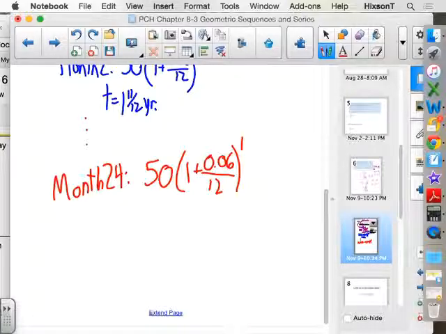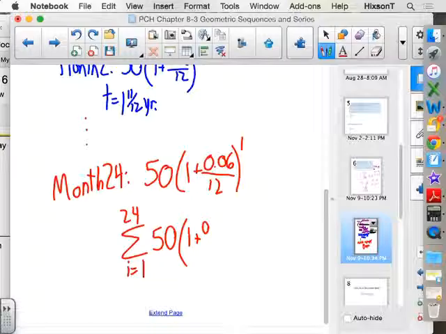So if I were writing this as a series, I could say that I have the sum from i equals 1 to 24 of 50 times 1 plus 0.06 over 12 to the i power. Okay?